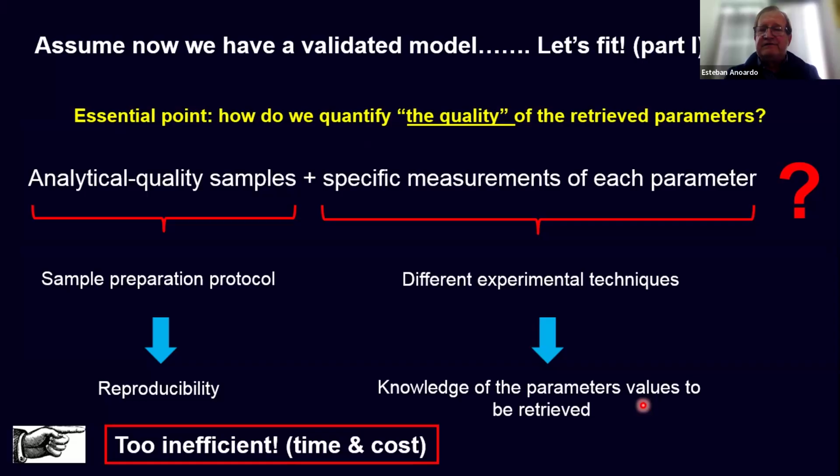So one possibility, which is not the best one, at least in my opinion, is to get analytical quality samples and a strict preparation protocol for the sample in such a way that it can be reproduced anywhere using the same chemicals from the same providers you used the first time. Plus, I insist on this point, you need some information about the system from other techniques, okay? In such a way that you have an idea, at least, of the important parameters you want to get from your experiment.